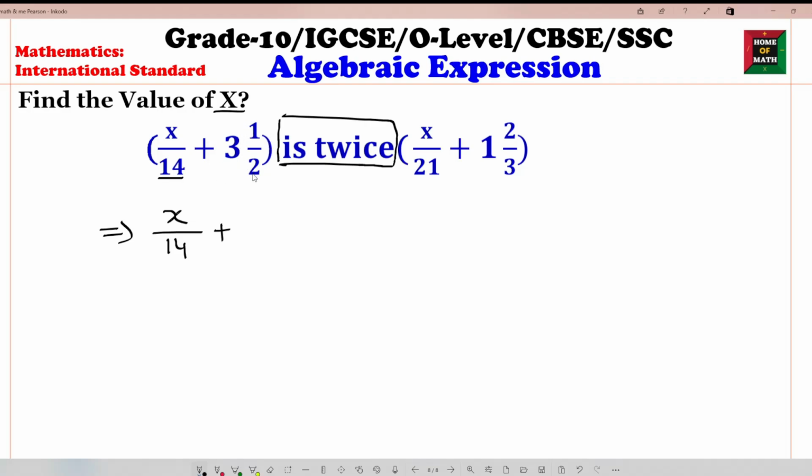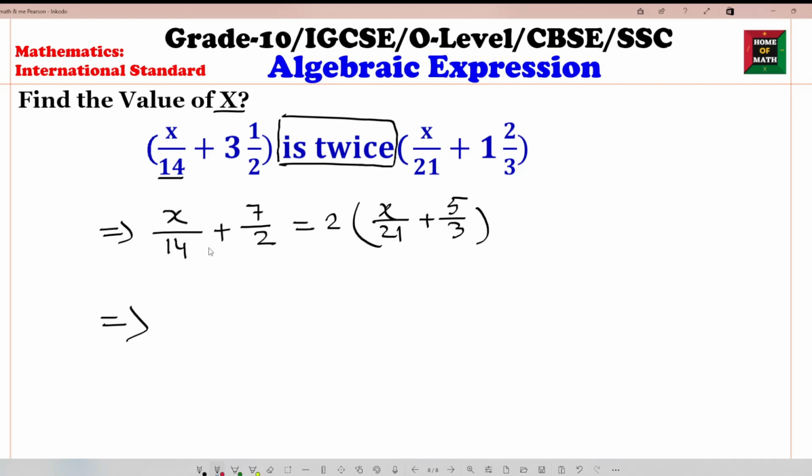This is a mixed fraction, we will make it an improper fraction: 3 times 2 plus 1, so 7 divided by 2. It equals 2 times x divided by 21 plus another mixed fraction, which as an improper fraction is 3 times 1 plus 2, which is 5 divided by 3.